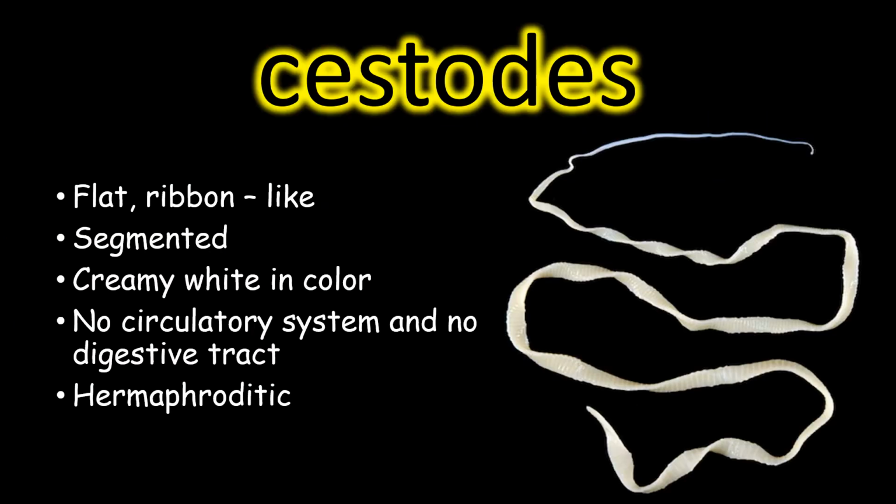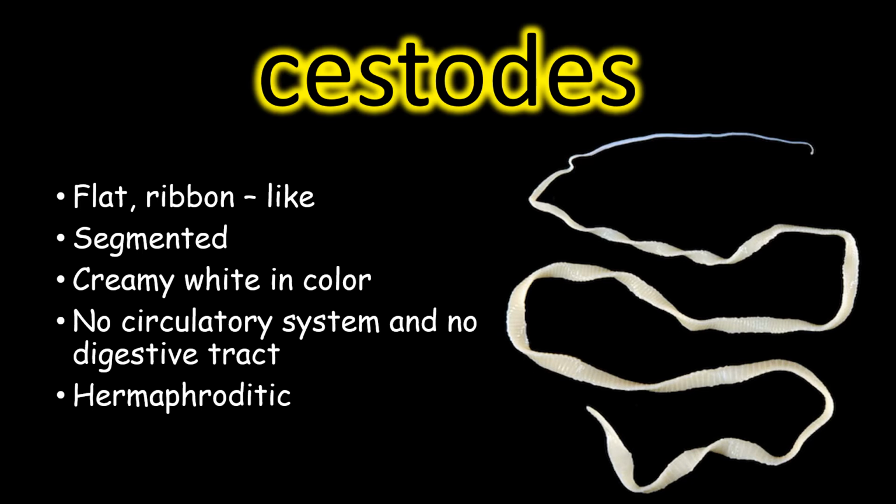Your cestodes are flattened dorsoventrally, so both sides are flat. They are ribbon-like or tape-like, hence they are also called tapeworms. Based on the picture, they are segmented, different from your nematodes, which are round in appearance or non-segmented.